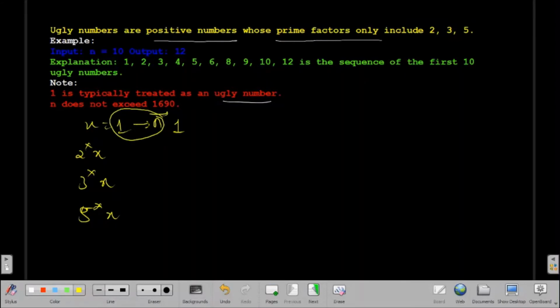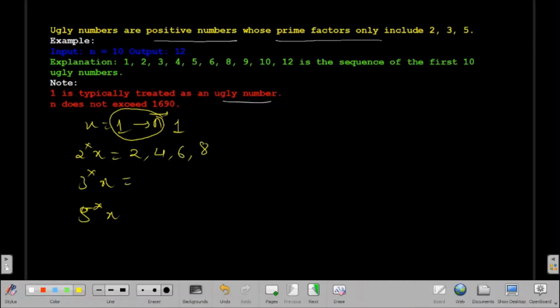All the ugly numbers come between 1 to n. So let's suppose x is 1, so 2. Next, if x is 2, so 4. If x is 3, so 6, then 8.